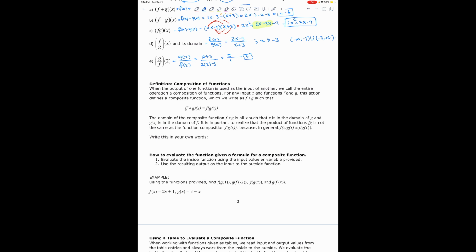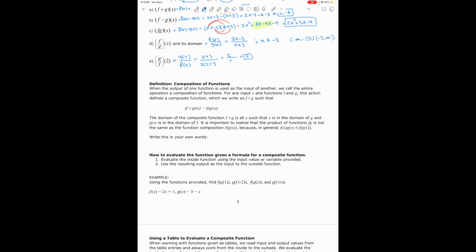We read it f of g or f after g, such that f circle g of x is basically f of g of x. So the output of g of x will be the domain of f of x. The domain of the composition function f circle g, or f after g, is all x such that x is in the domain of g and g of x is in the domain of f.